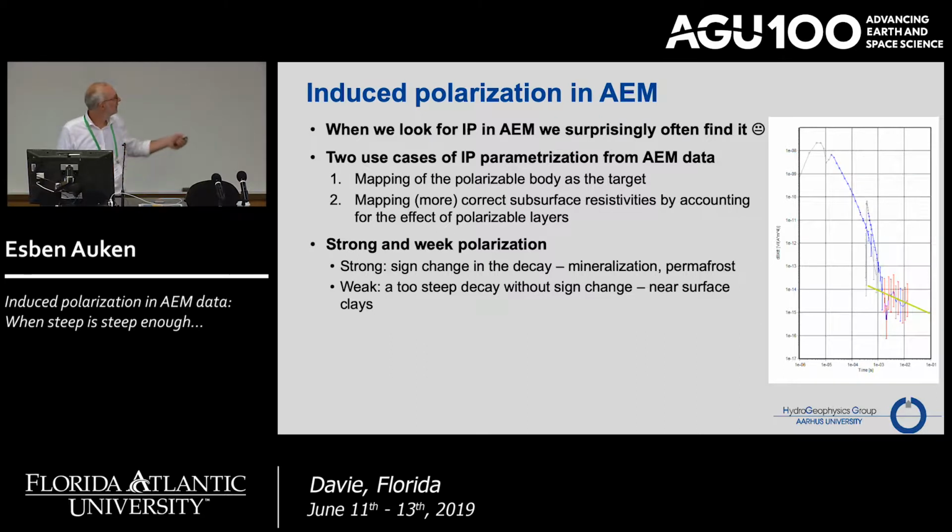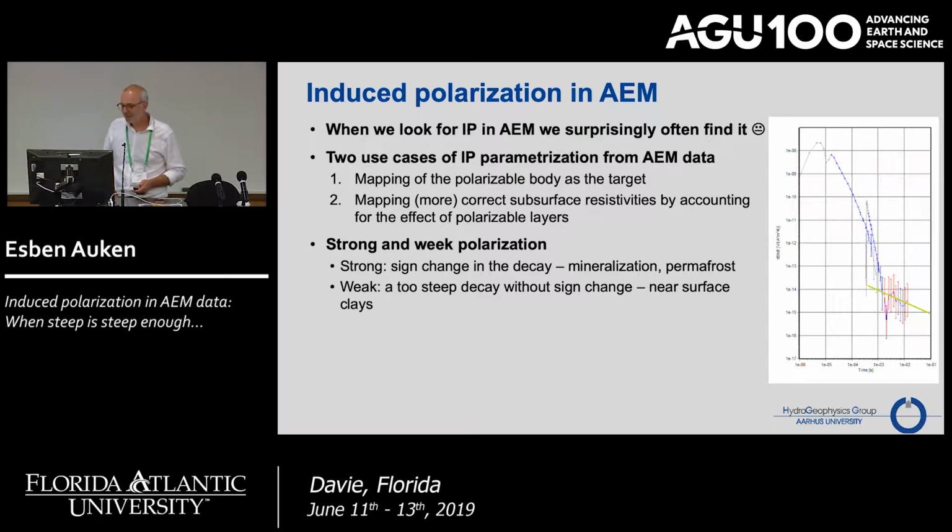So the decays, and this is what's shown over here, this is the noise level. You can see that above the noise level, we don't really have sign changes. The signal is subtracted, so we get these over-steepening decays. And they are the ones we need to handle because they are present in airborne data.